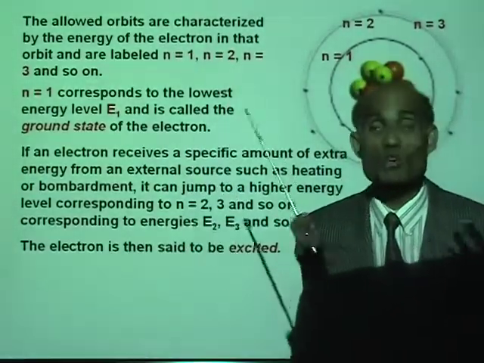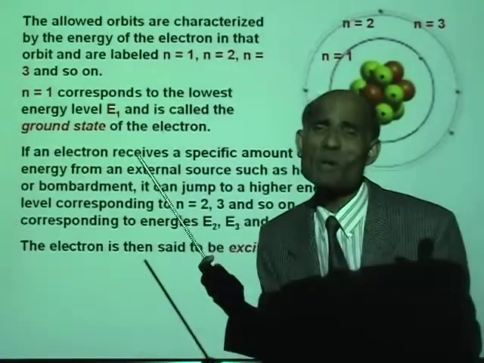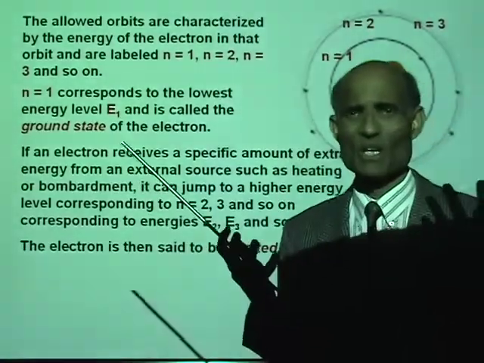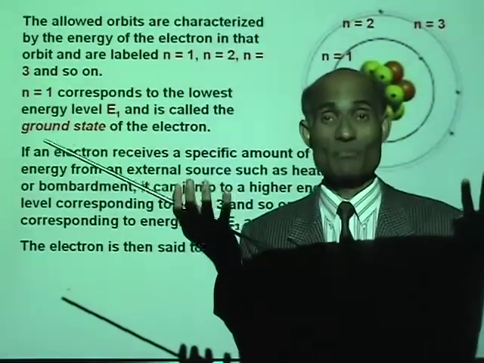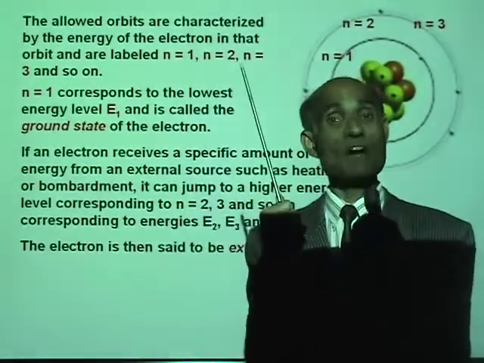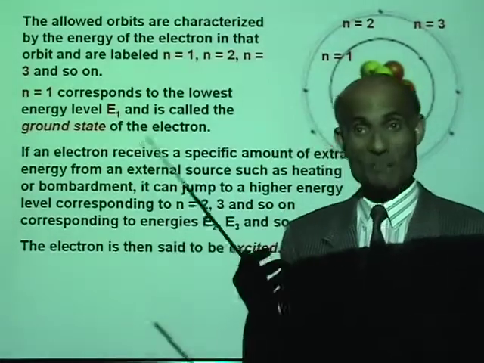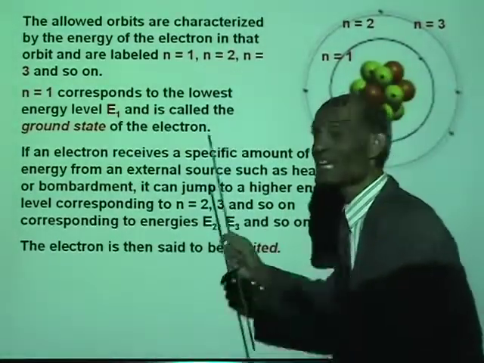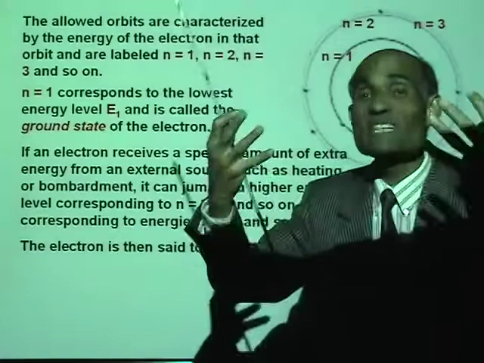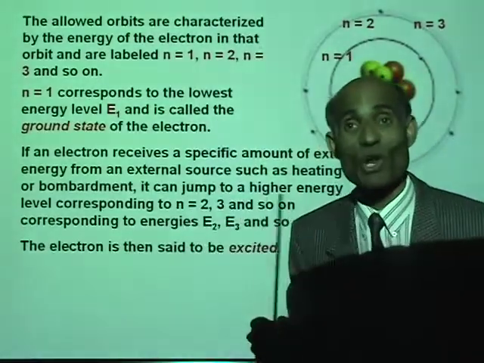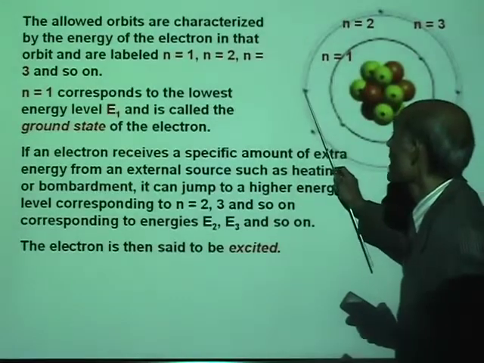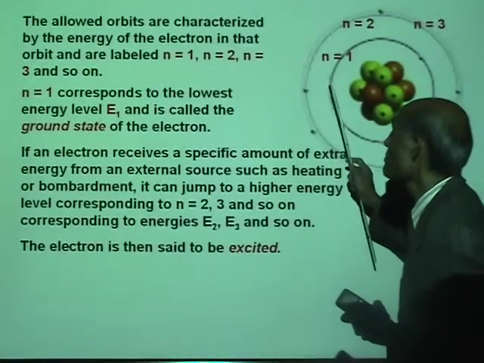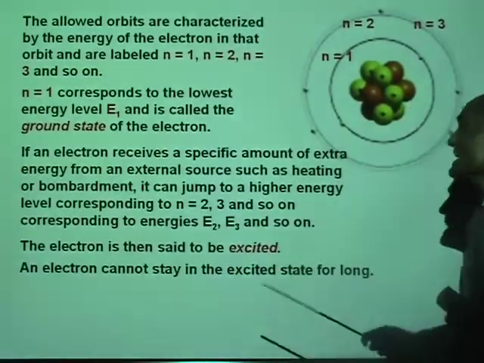It is no longer normal. Now, we know when people get excited, do they stay in the excited state for a long time? No. They have to come back to the ground state. In the same way, an electron that is excited will not stay in the excited state for long. It will come back to the normal state. So from the outer orbit, it will jump into one of the inner orbits.